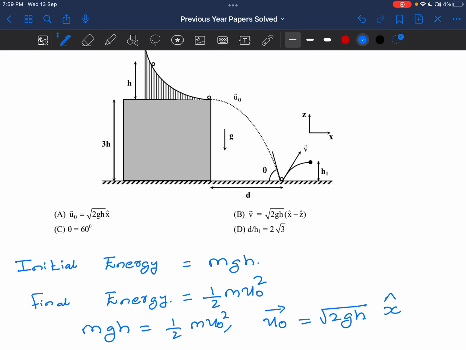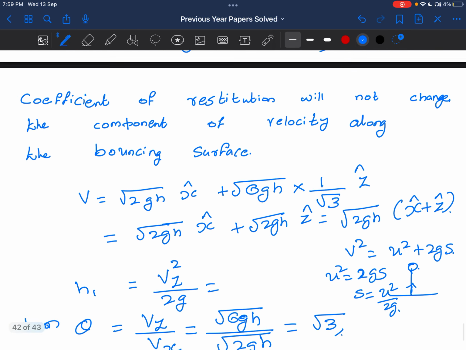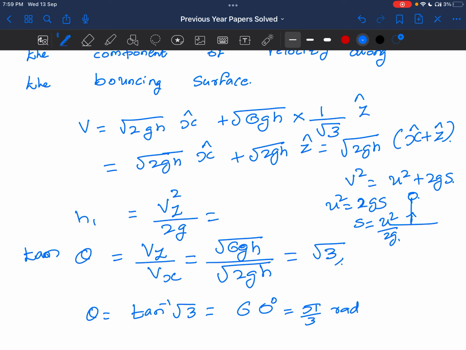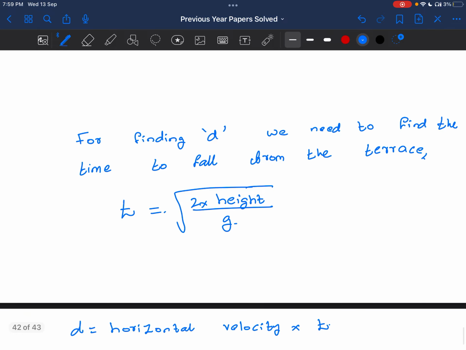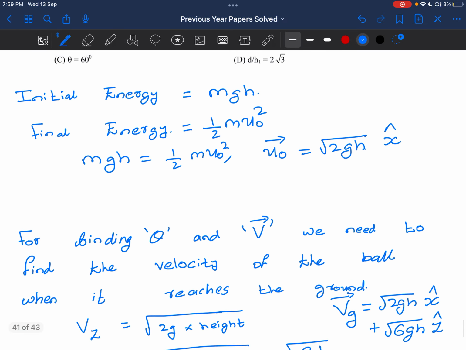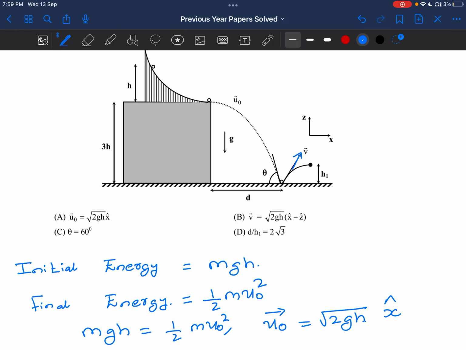The z component of this velocity is root 2gh as we just found. So it is 2gh by 2g. So it is h.